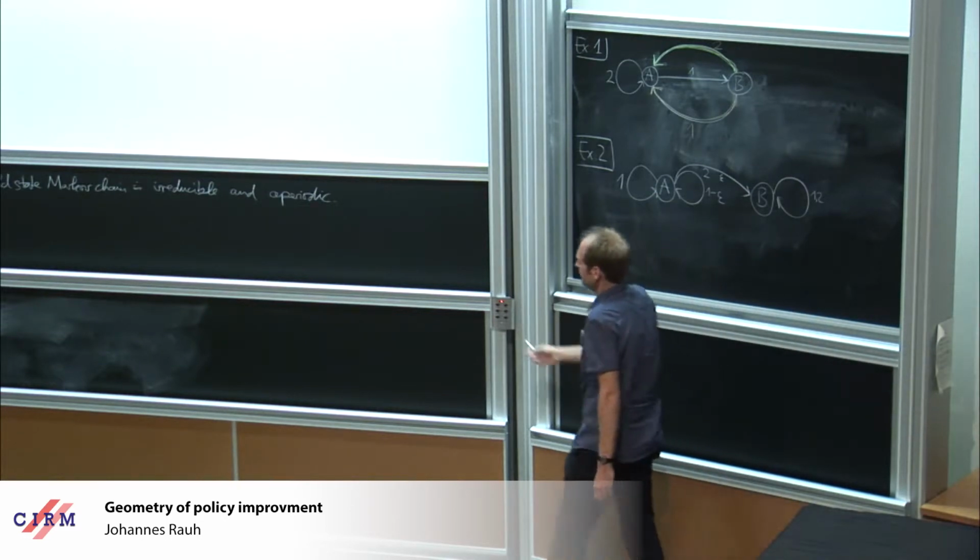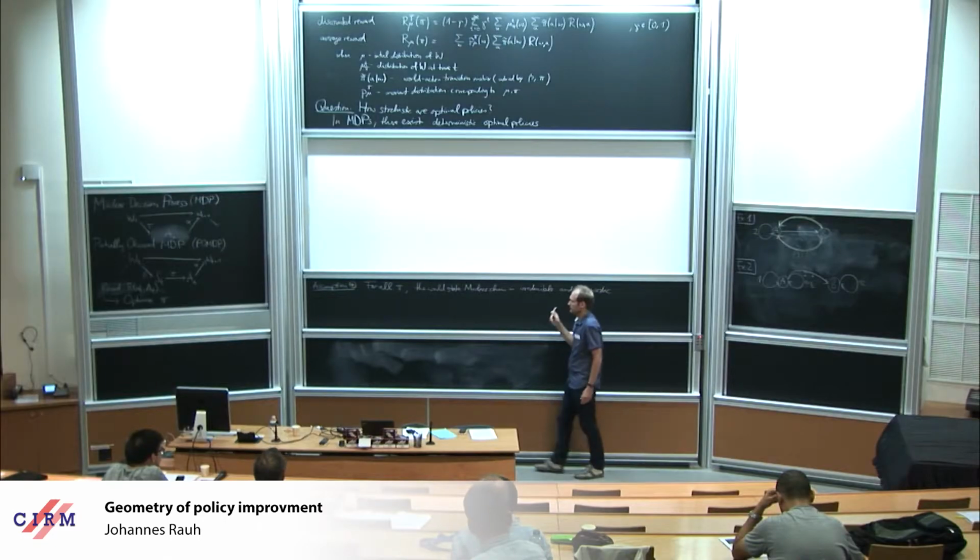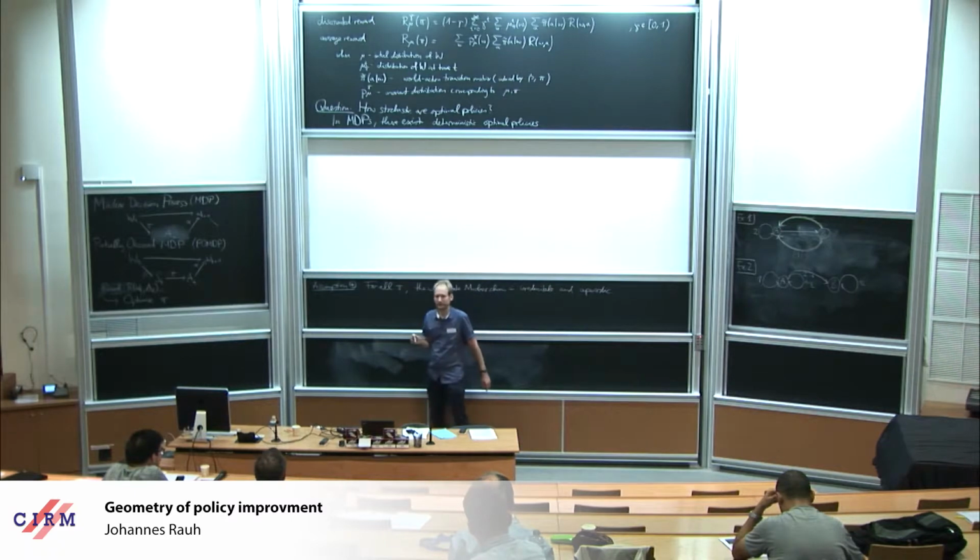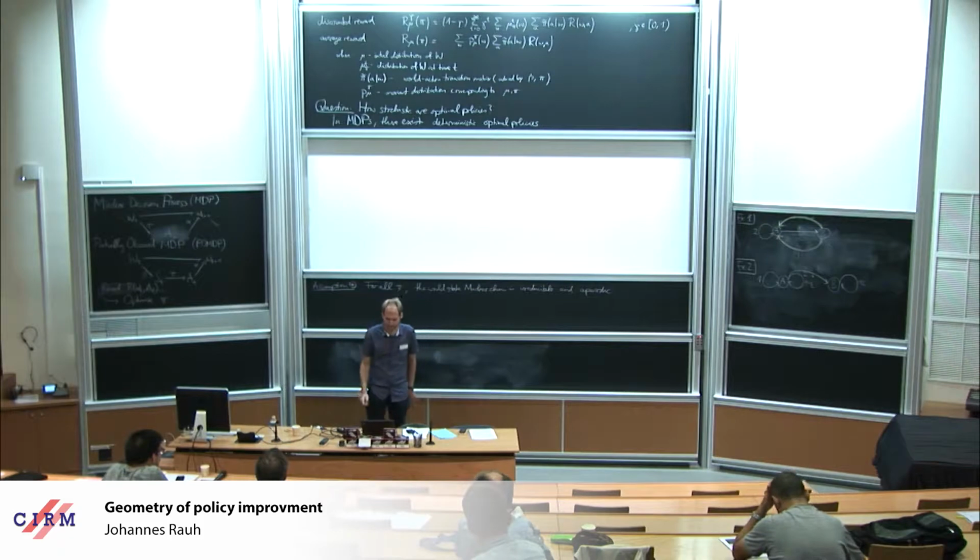And aperiodic is related to the fact that you can have certain oscillations in your system, and they also make the analysis a bit complicated, so we exclude them for now.